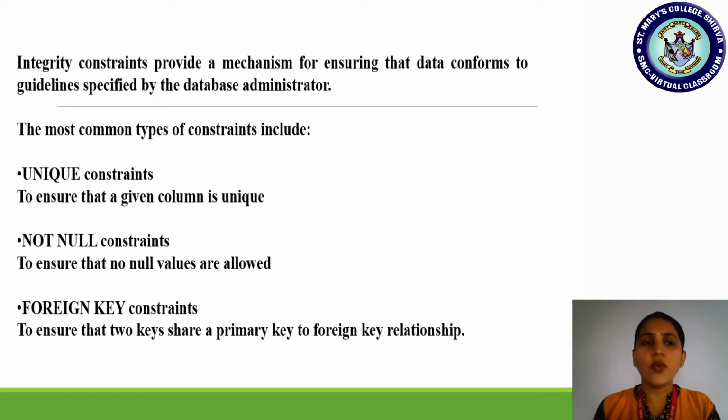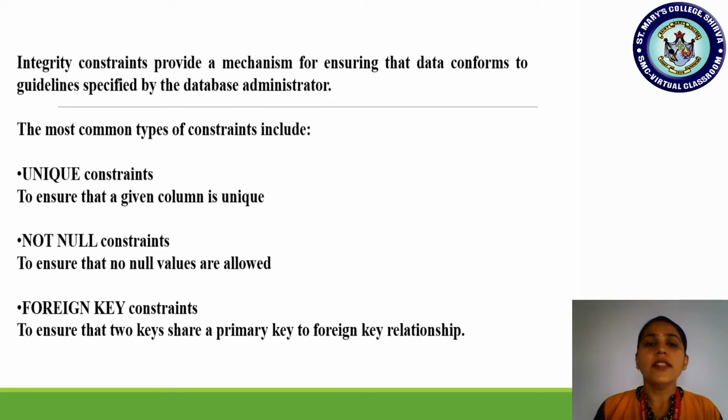So any integrity constraints will help us ensure that whatever data is saved in the database is according to the guidelines specified by the database administrator. He has taken all the requirements from the end users, and according to that it is being designed.